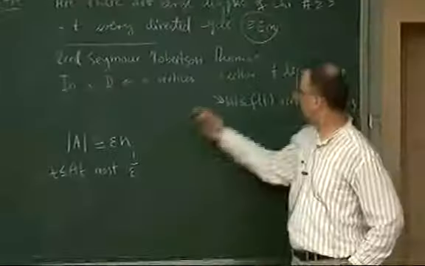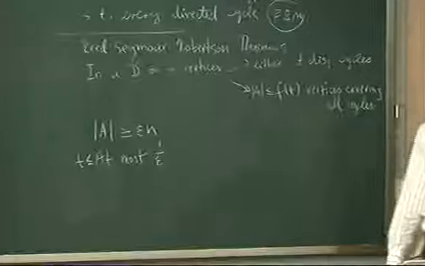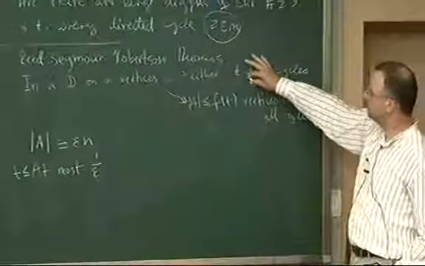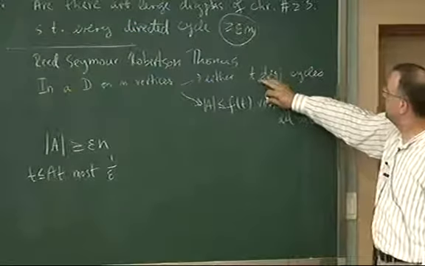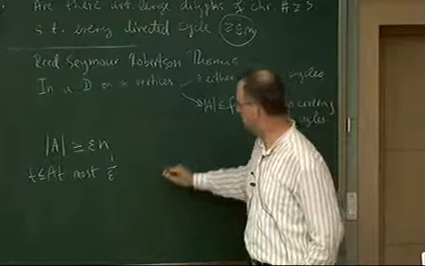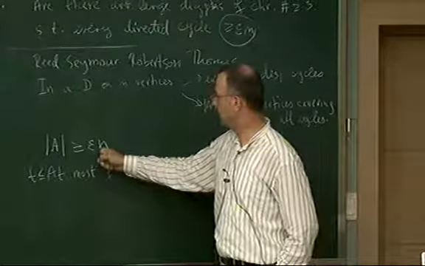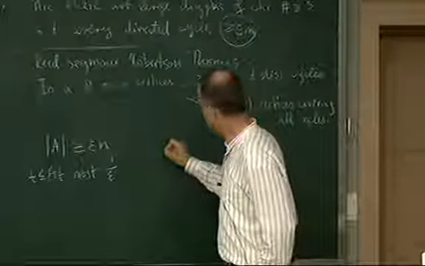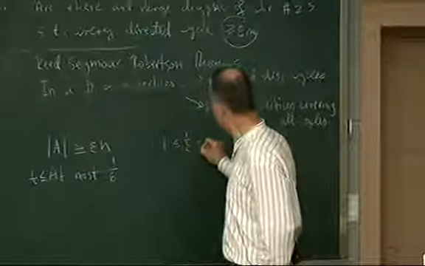And then this just gets a contradiction, right? So every digraph, if it is large enough, has t at most 1 over epsilon, or this f of t.